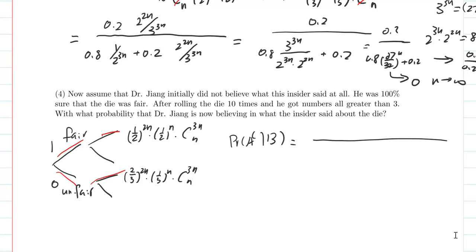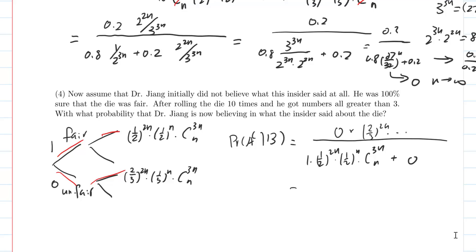So in the denominator we have 1 times 1/2 to the 2n and 1/2 to the n, and C(3n, n), but the other part is going to be 0. And what we have on the top is also 0, because this is 0 times whatever we have over here.